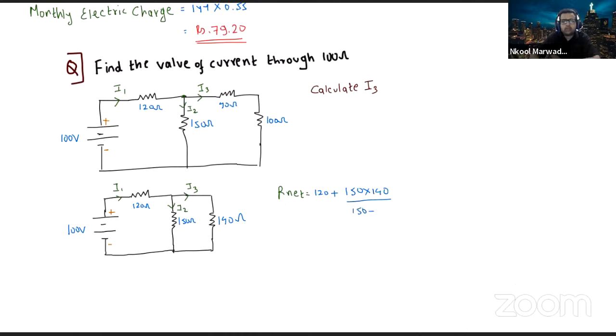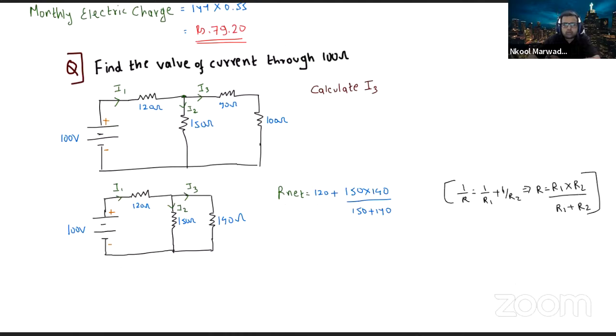Because here we are making use of that formula 1 upon R is equal to 1 upon R1 plus 1 upon R2. Whenever two resistances are in parallel, we use this formula. And here R will be equal to R1 into R2 upon R1 plus R2.